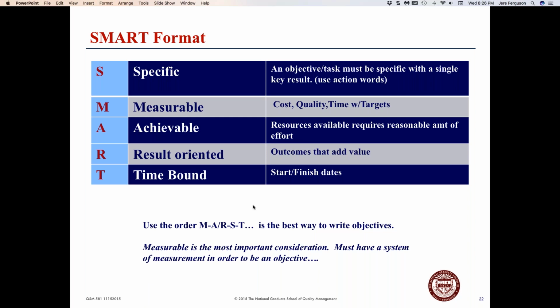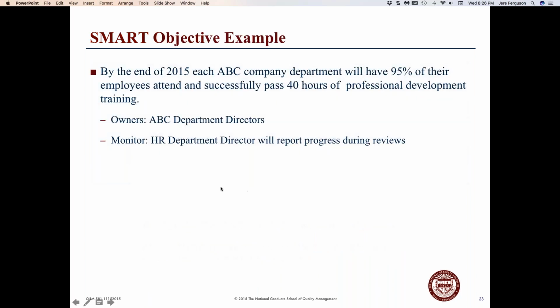And then, as you can see in the table, they tell you that specific means an objective or task must be specific with a single key result, so that you easily know success when you've accomplished it. Measurable: cost, quality, time, and so forth. So this is just a trick of words to help you remember how you're supposed to approach the designing of these.